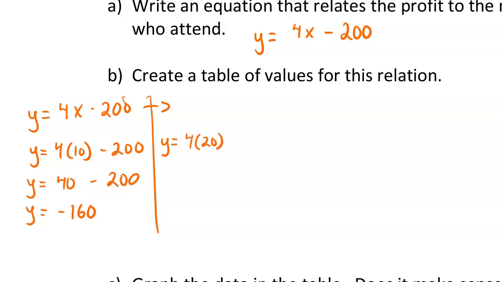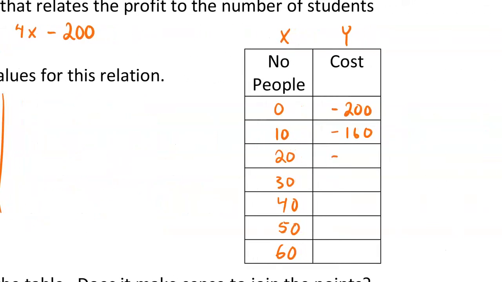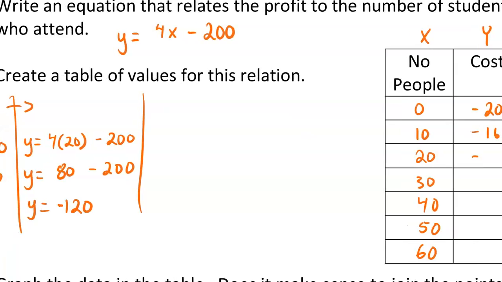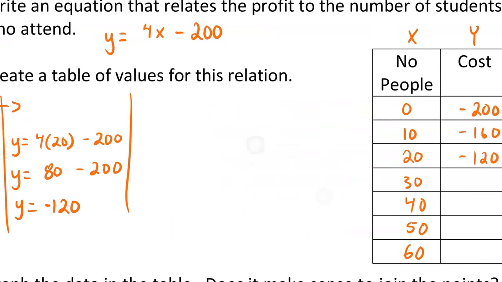We're putting 20 in there. 4 times 20 is 80. Subtract 200. y equals negative 120. So our value here now is negative 120. For 30, same formula comes across.